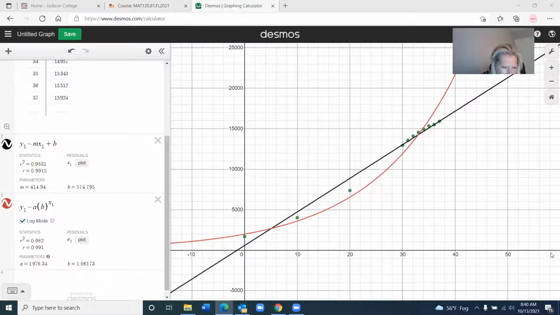And it asks us to round it to 2 decimals, so 0.99 should work. And it's just not quite as good. It's not quite as strong as the linear.